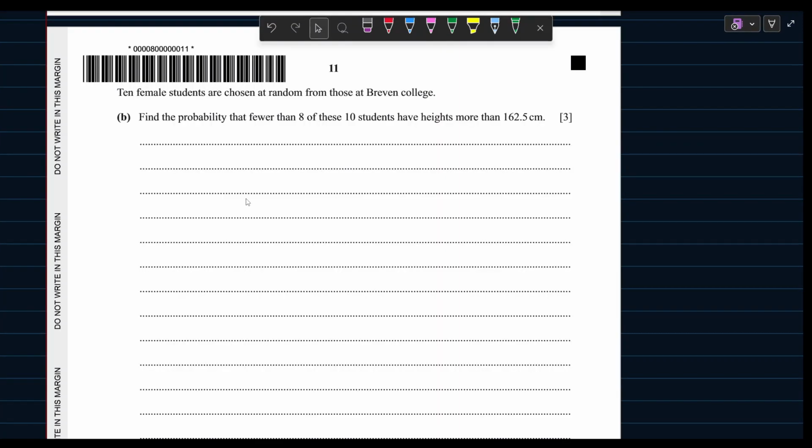10 female students are chosen at random from those at Brevin College. Part B, find the probability that fewer than 8 of these 10 students have heights more than 162.5. Alright, so let's define our random variable here. F is the number of female students at Brevin with height more than 162.5 centimeters.